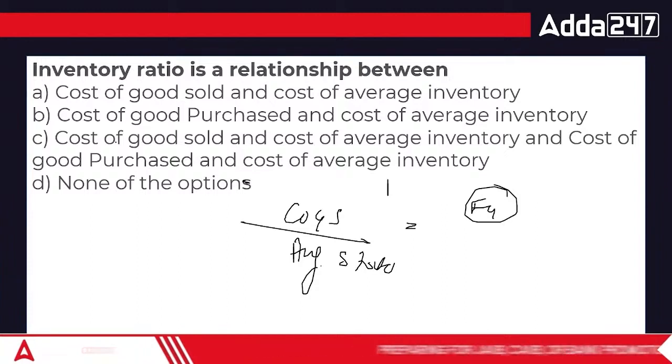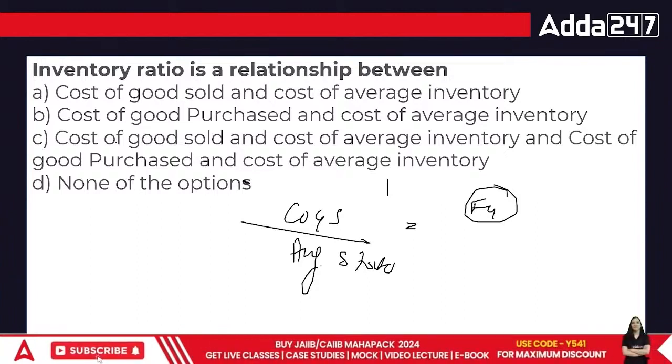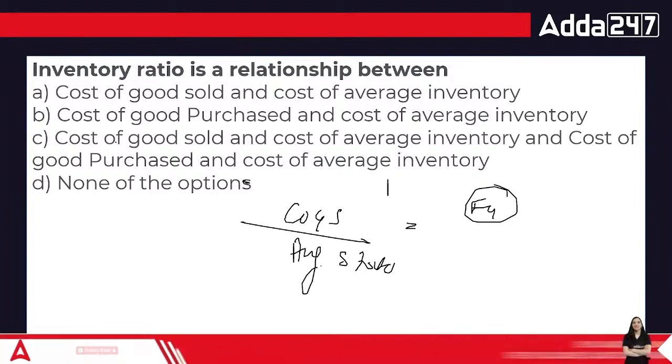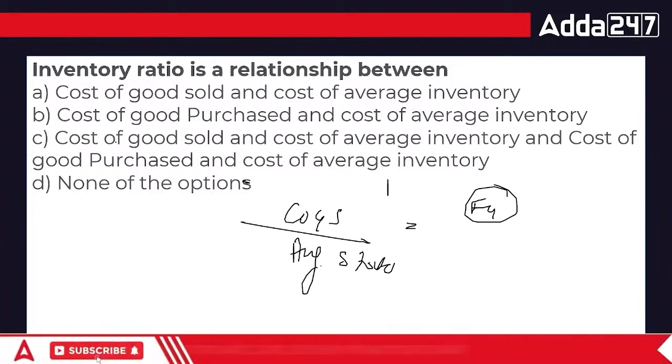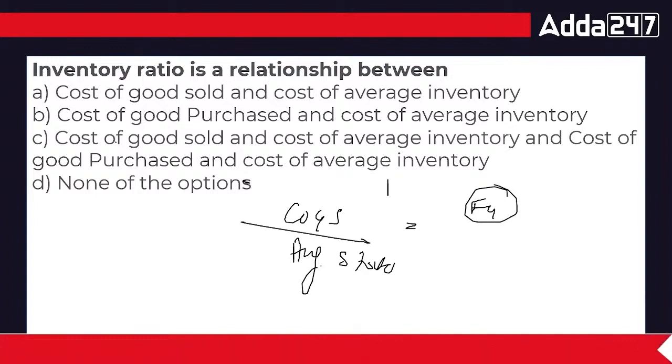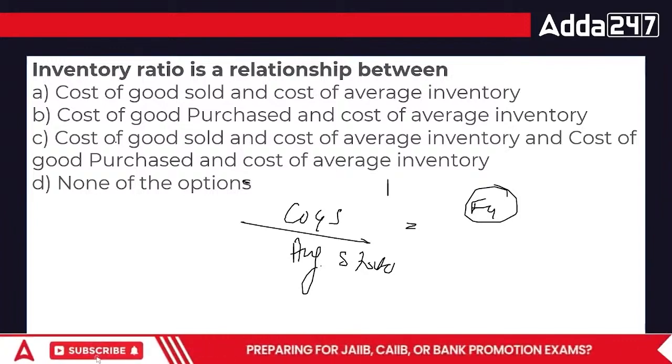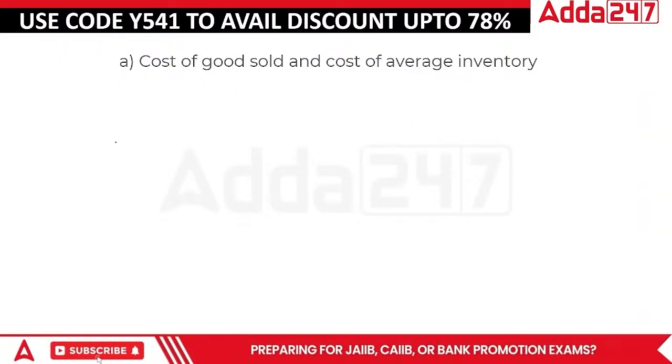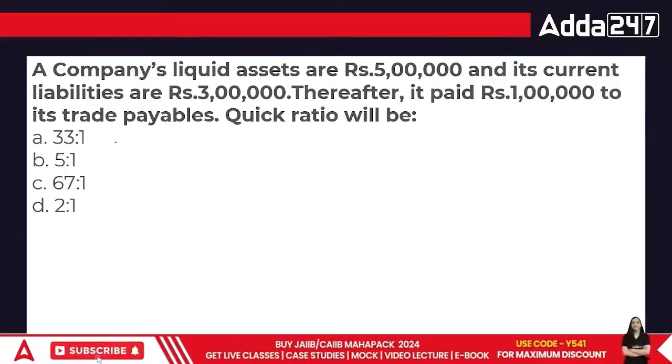As I told you, it is COGS upon average stock. That means we would like to know how much of our stock is left by the end of the day, and opening and closing stock is taken as a mean there. Then we compare it with the goods we have purchased and sold. That is cost of goods sold divided by average inventory.